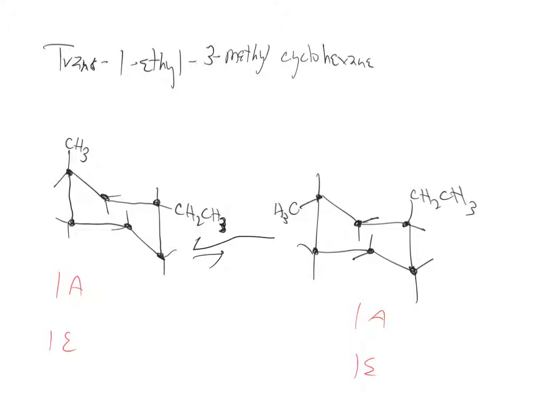But since we have a methyl and an ethyl, there's a clear size difference. You want the one that's larger to be in the equatorial position. This is really true for the methyl, ethyl, and t-butyl groups, because those are huge. Or if we stuck another ring out there, then you would definitely want to favor the equatorial position versus the axial position, typically.